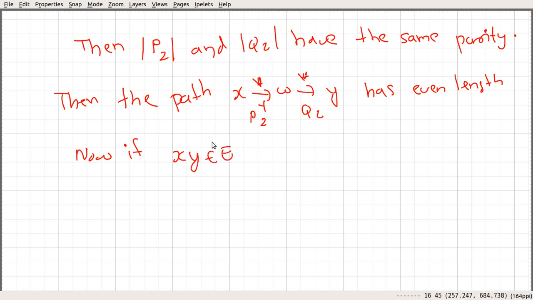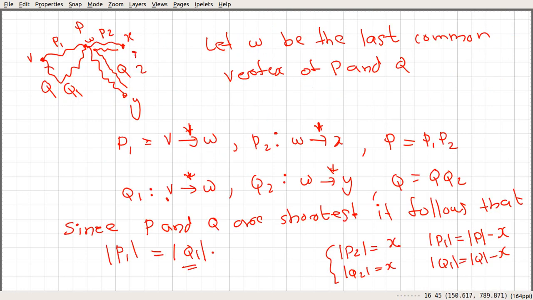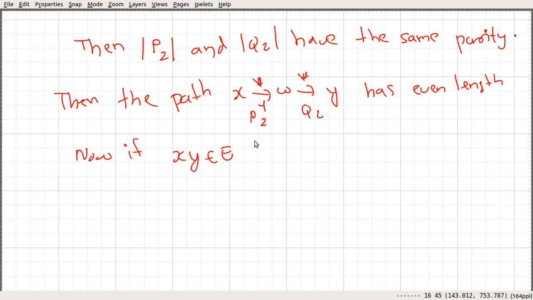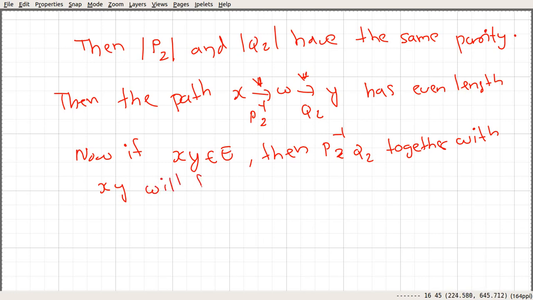Now suppose that xy is an element of V, and suppose that there is an edge between those two. Then this path P2 inverse Q2, together with this edge xy, will form a cycle of odd length.